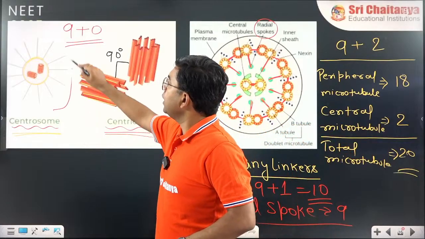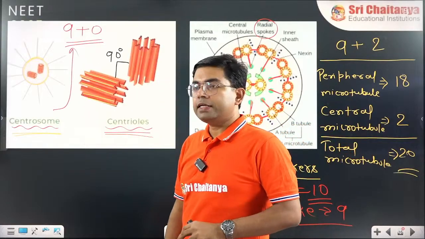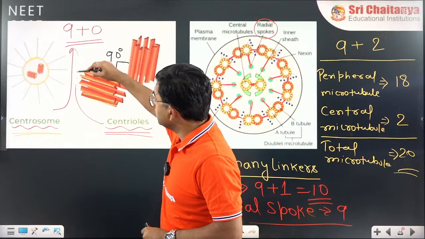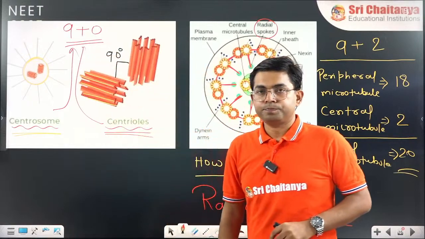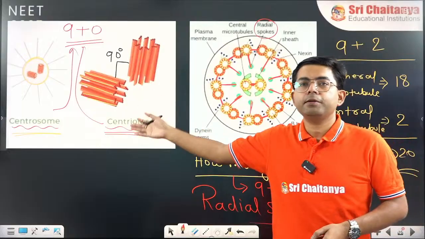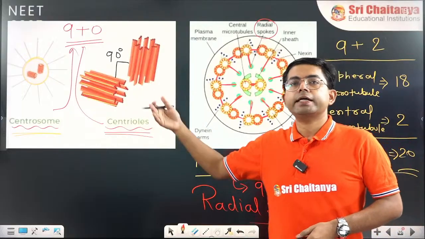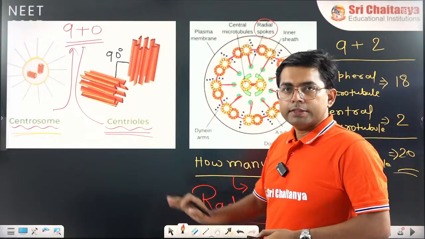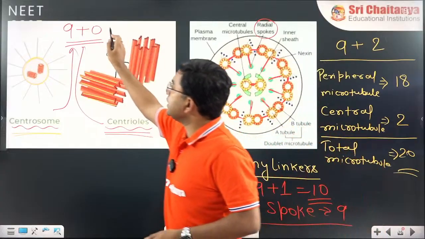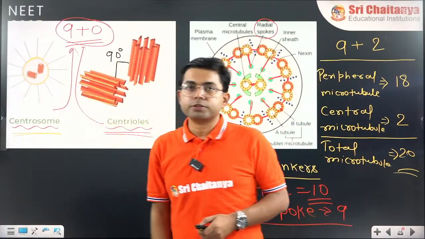Still you will say 9+0. If it is asked in centriole, still you will say 9+0. Because centrosome is made up of centriole and centriole has 9+0 arrangement. This point is clear.